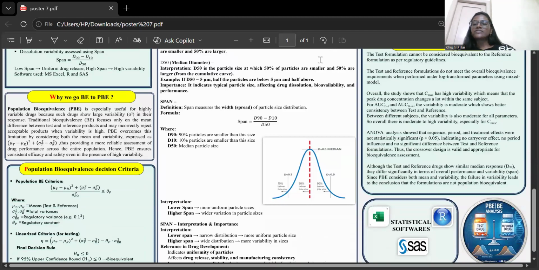Although the test and reference drugs show similar median response, D50, they differ significantly in terms of overall performance and variability, that is span. Since population bioequivalence considers both mean and variability, the failure in variability leads to the conclusion that the formulations are not population bioequivalent.